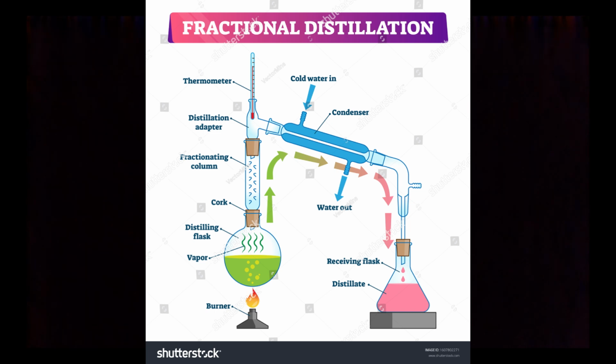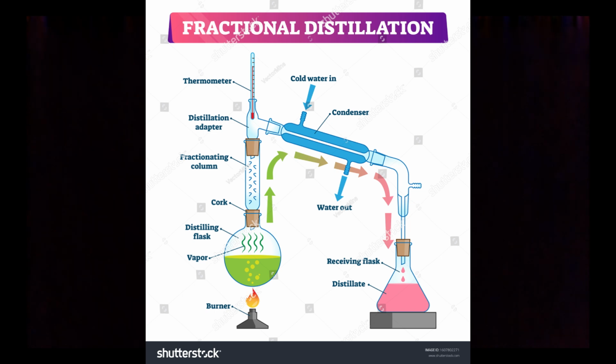Liquid A mixed with liquid B forms a binary solution. Now liquid A will have a certain boiling point and liquid B will have a different boiling point. The boiling points usually are different for each liquid.